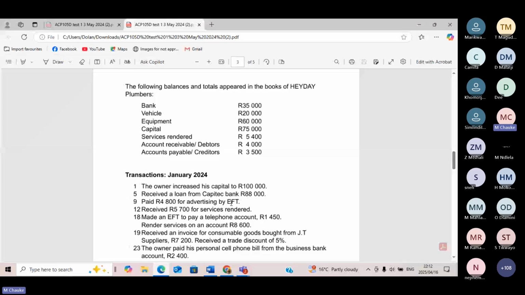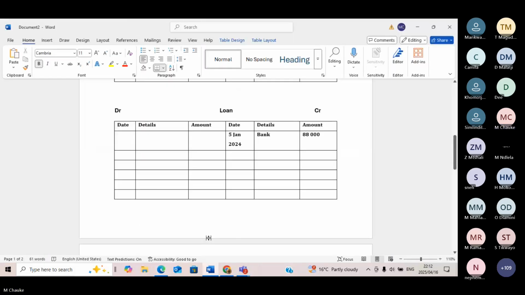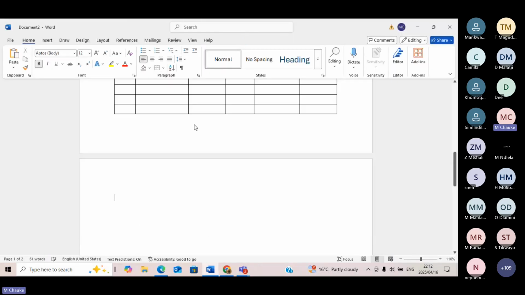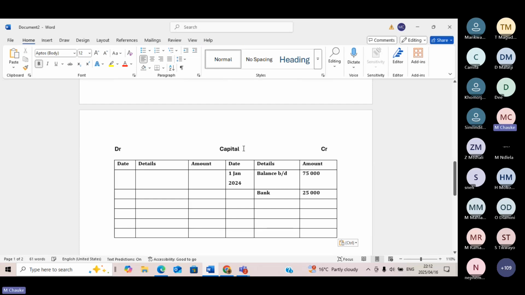Remember, advertising is an expense. So when we pay, the two accounts affected are going to be bank and advertising. Bank we already have. We're only going to have an account for advertising.